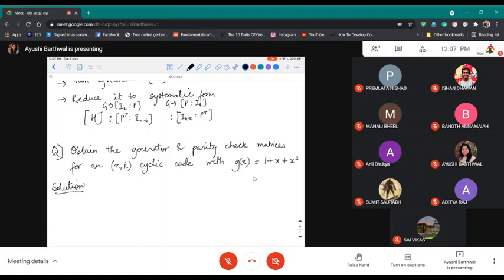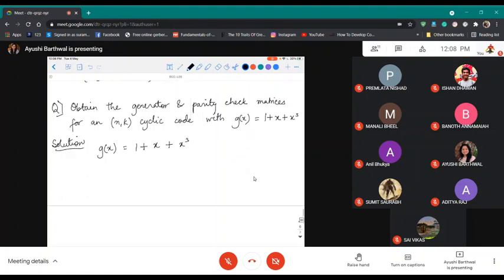So let us write down, we are given the generator polynomial which is 1 plus x plus x cube. How are we going to write the generator matrix? Take here n comma k as 7 comma 4. The generator matrix will be of the order k cross n, that means 4 rows and 7 columns.